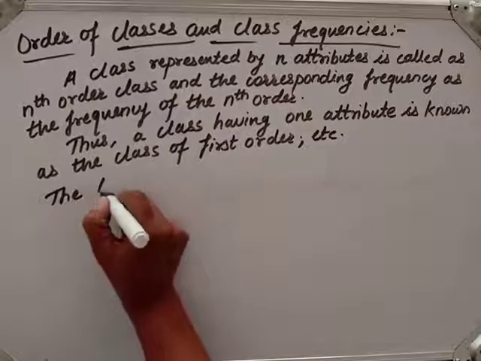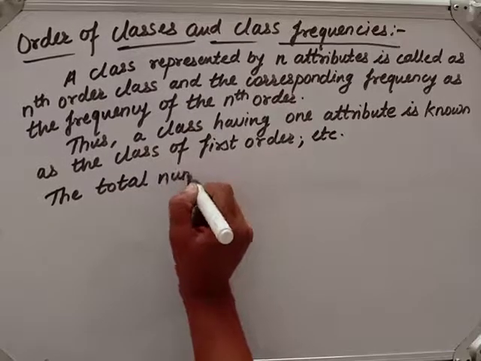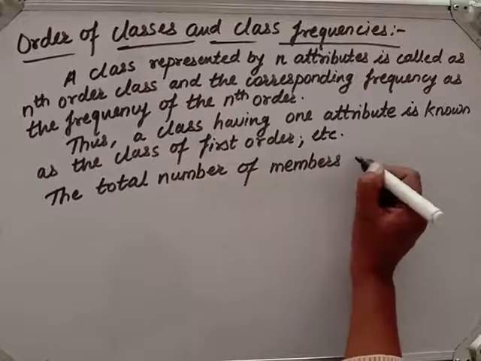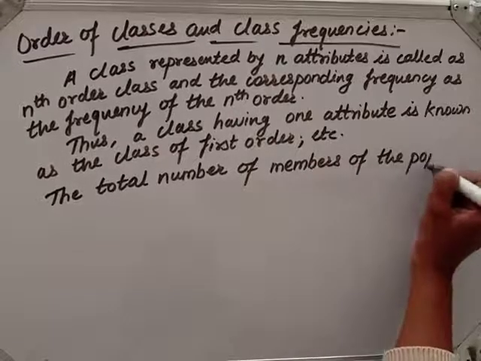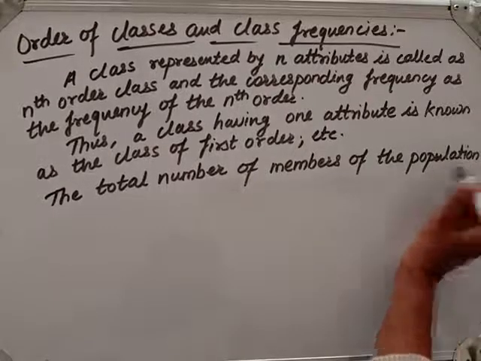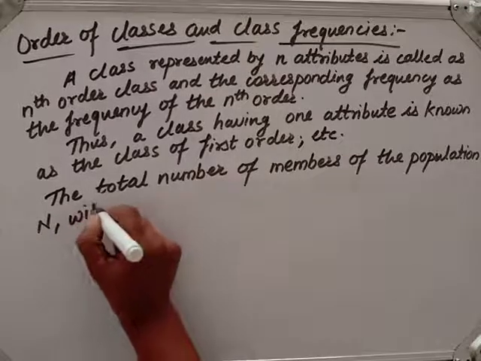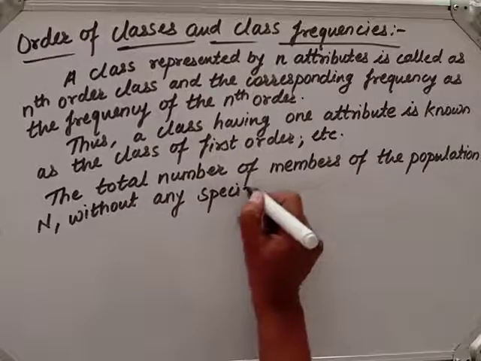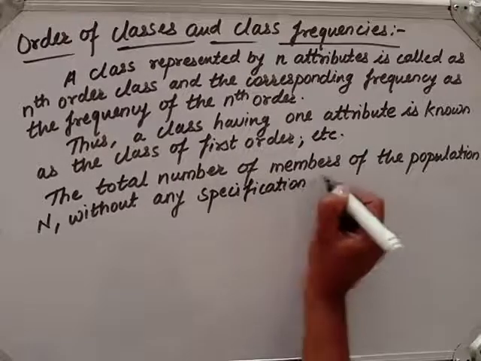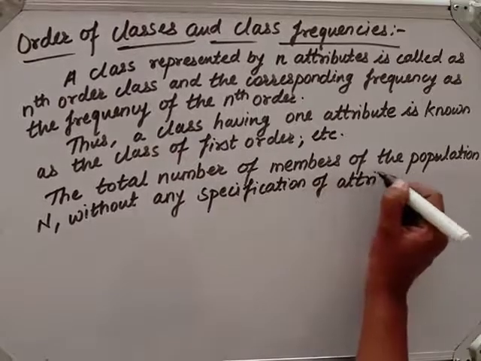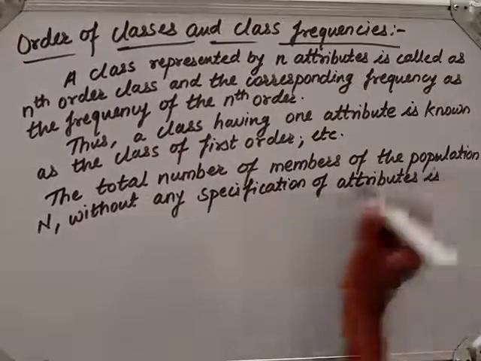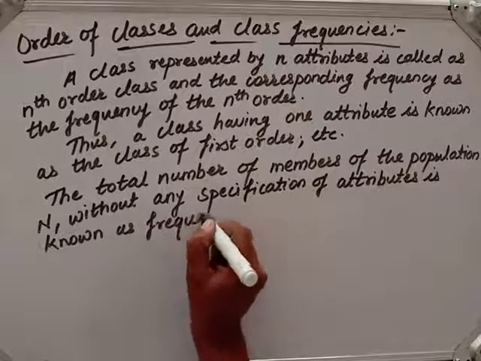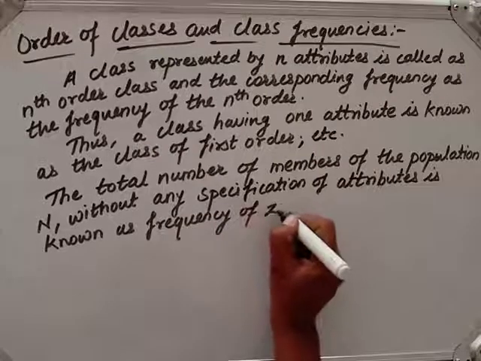Actually, the total number of members of the population N, without any specification of attributes, is known as the frequency of zero order.